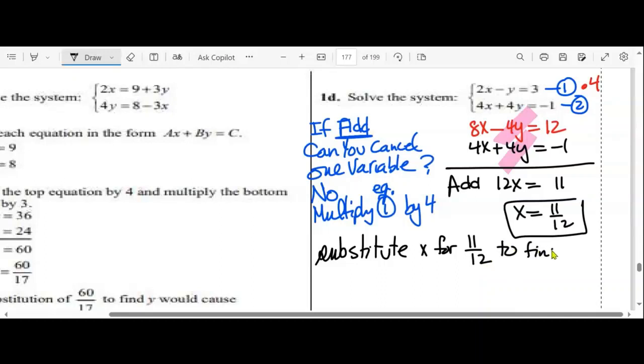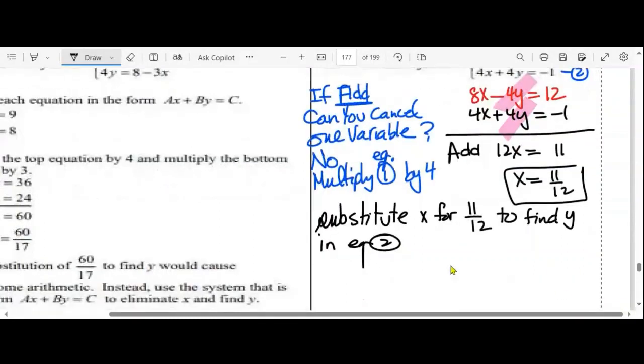To find y. Replace it where? In which equation? Equation what? 2. So you have 4 plus 4y equal negative 1. How much is x? 11 over 12.